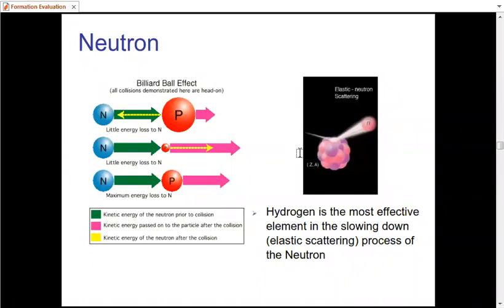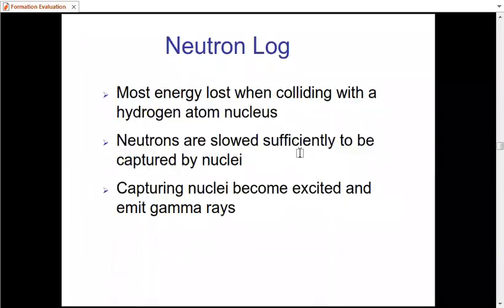Hydrogen is the most effective element in the slowing down, elastic scattering process of the neutron, and all types of hydrocarbon have hydrogen in most types of your wells.